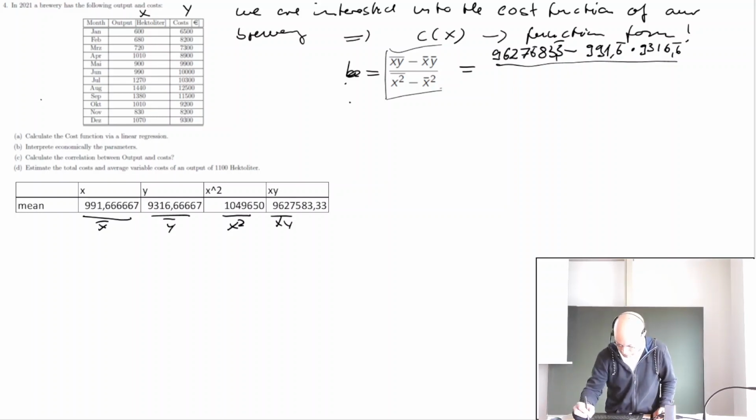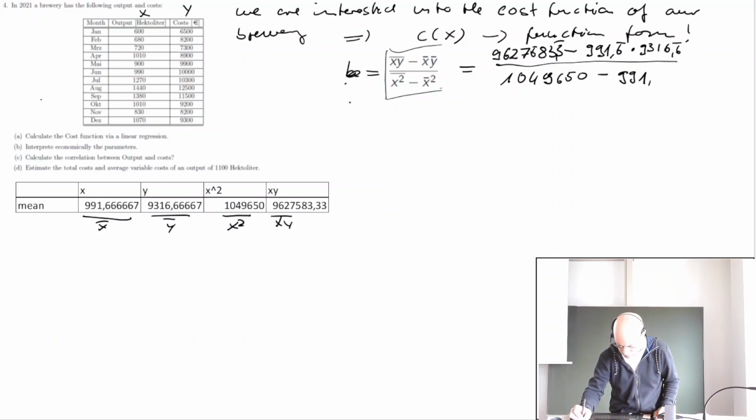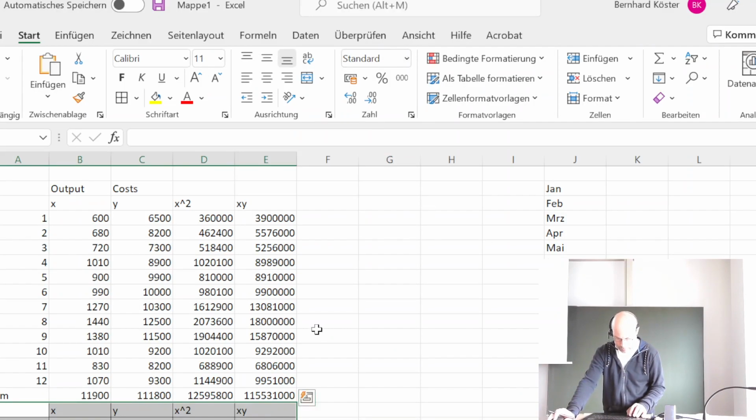So divided by 149,650 minus x bar squared. So we need this number also just squared, 9,916 squared. This, of course, I want to do also with Excel.